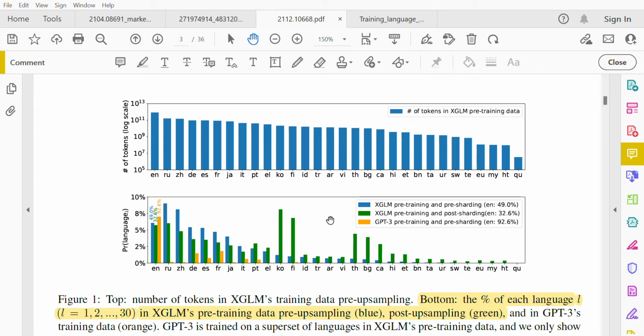So you can see here Korean and Finnish, KO and FI, greatly increase in terms of their amount of representation in the data set. And we get a pretty neat graph on the top here in terms of the number of tokens in any one language for doing pre-training. So that is sort of piece one here, right?